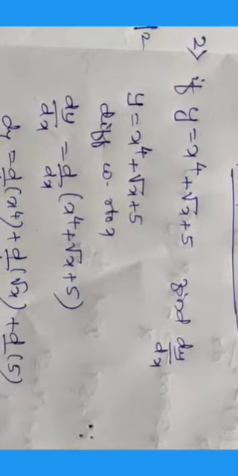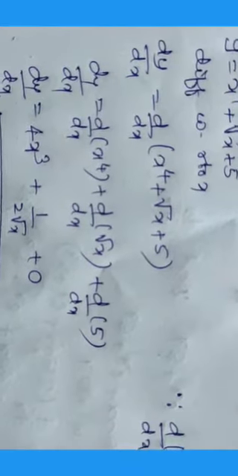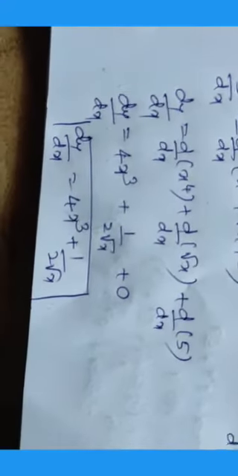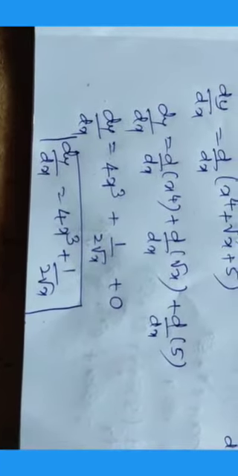Differentiate with respect to x. dy by dx equals d by dx of x to the power 4 plus root x plus 5. Separately, you differentiate d by dx of x to the power 4, d by dx of root x, d by dx of 5. The differentiation of x to the power 4 is 4x cube. Differentiation of root x is 1 by 2 root x. And differentiation of constant 5 equals 0. We get dy by dx equals 4x cube plus 1 by 2 root x.